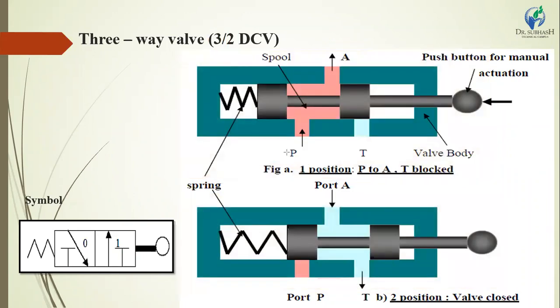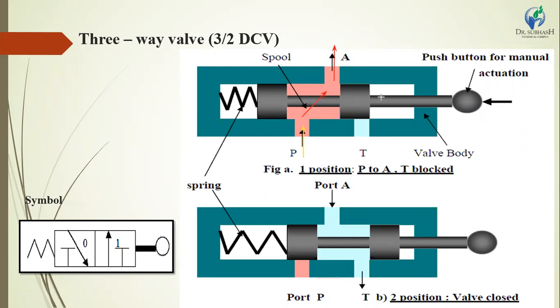In the first position, the hydraulic oil passes from port P to port A. Here the fluid flows from port P, passes through the DCV and exits to port A. This is the main body of the direction control valve.